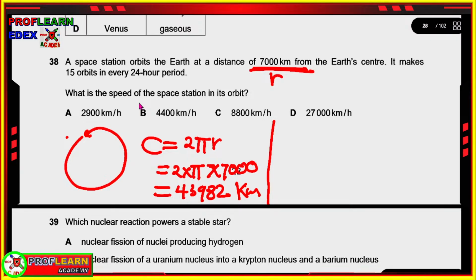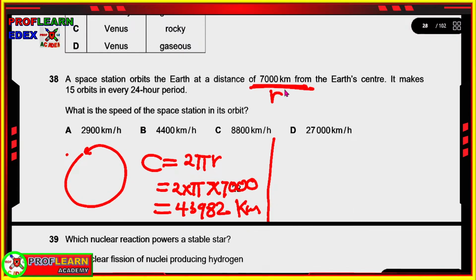And then we are told that it makes 15 orbits in every 24-hour period. So if one revolution is this, total distance is going to be 43,982 times 15.